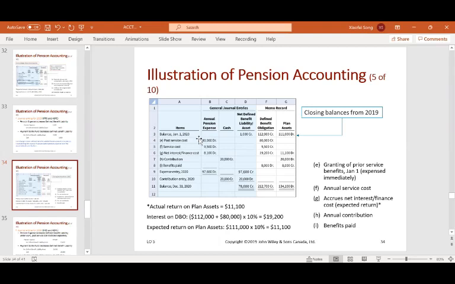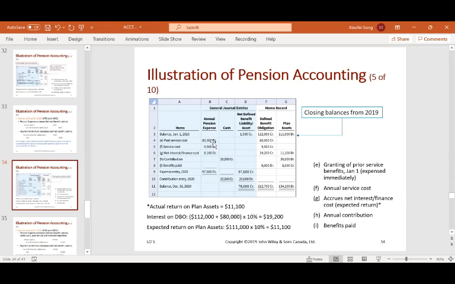It's service already provided, benefits already earned. You didn't grant those benefits in the past. Now you amend your plans and you grant those benefits. You can't take it back in the future, okay? So those past service costs are recognized in expense immediately.